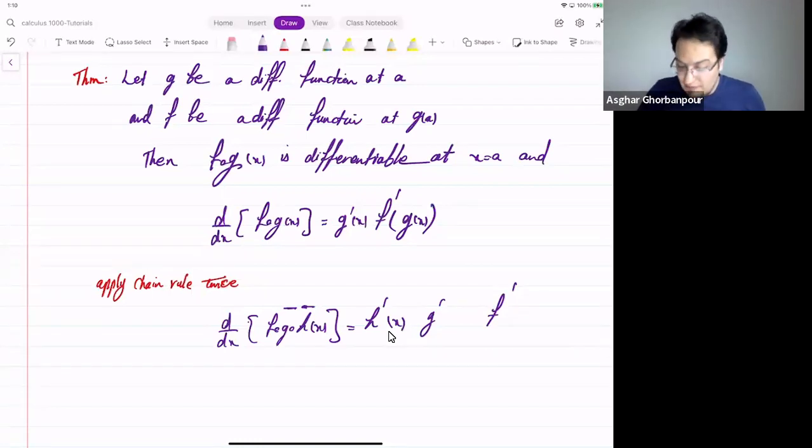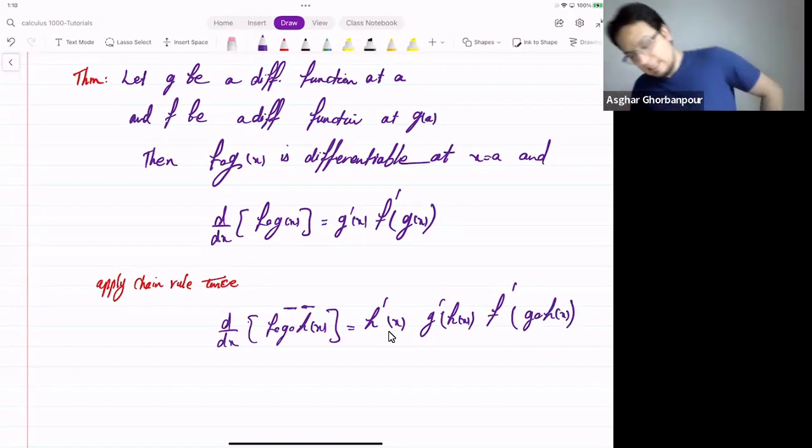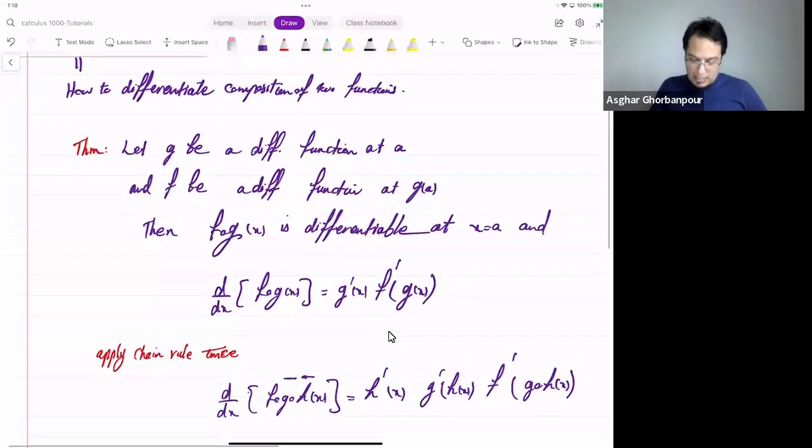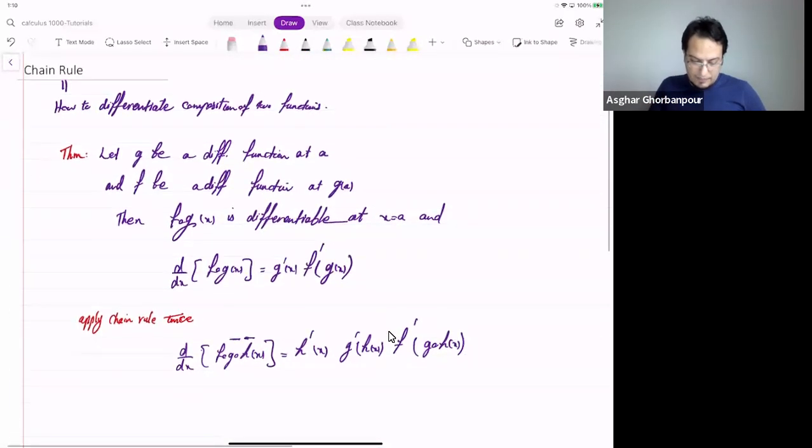The derivative of the second inner one will be evaluated at the value of the inner one, and the derivative of the outer one will be evaluated at all the other inner ones at that point. So you just take out one by one, kind of like a chain. That's where the name chain rule comes from.